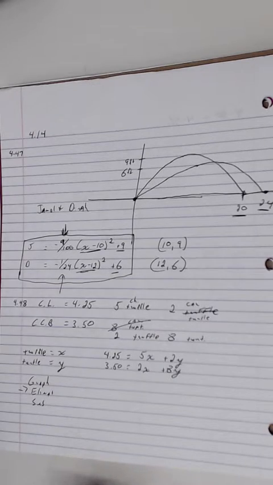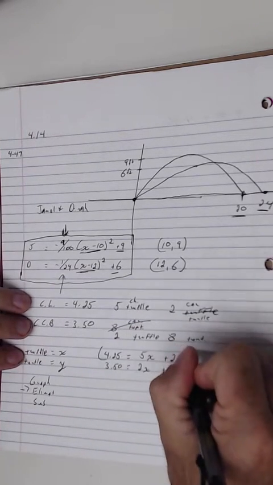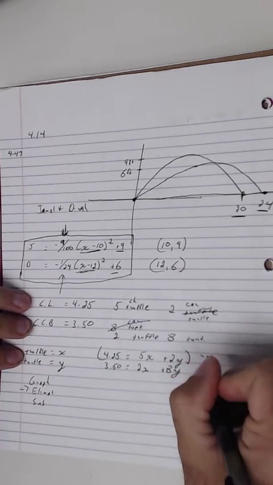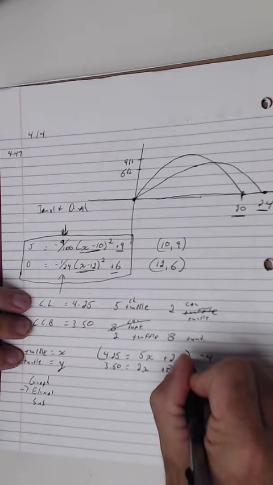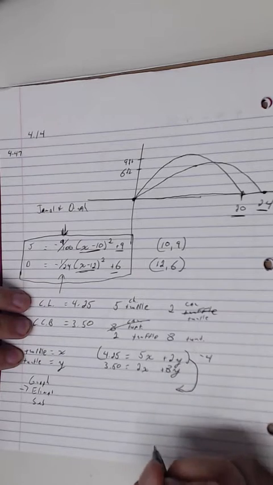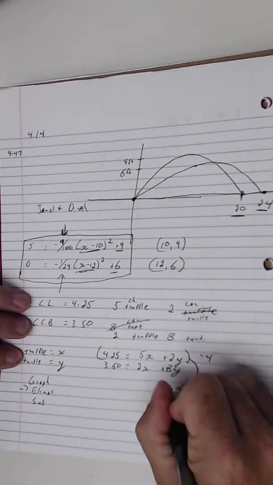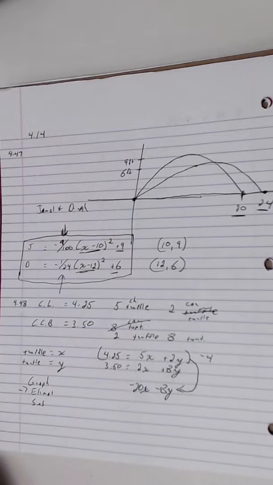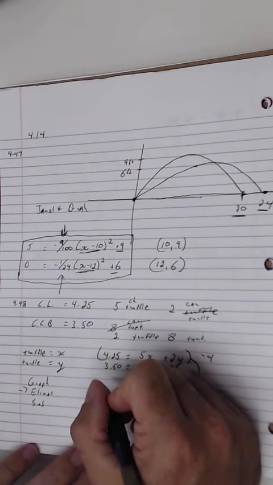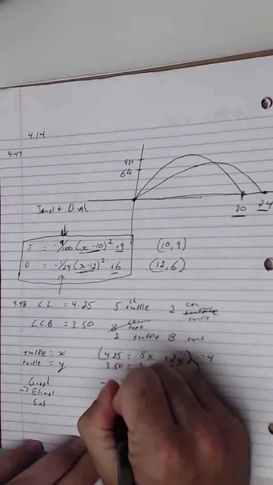Alright, so elimination. What I'm going to do is multiply this whole thing times -4. Okay, so now I've got this, I'm going to pull this down just to right here. That's going to be -8y, -20x, and then 4.25 times -4 is -17.